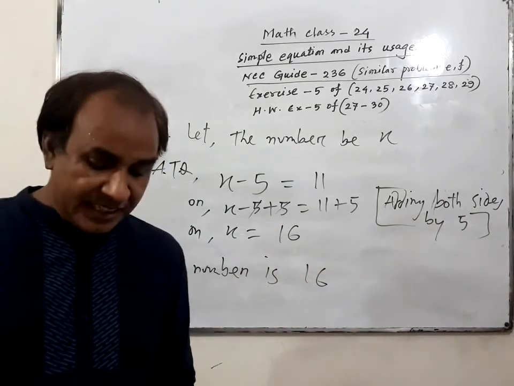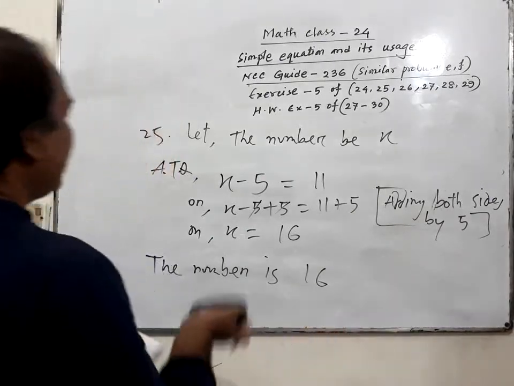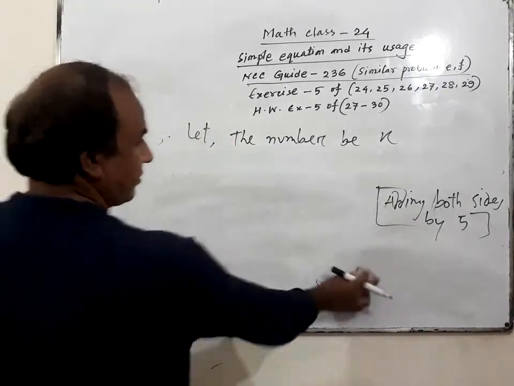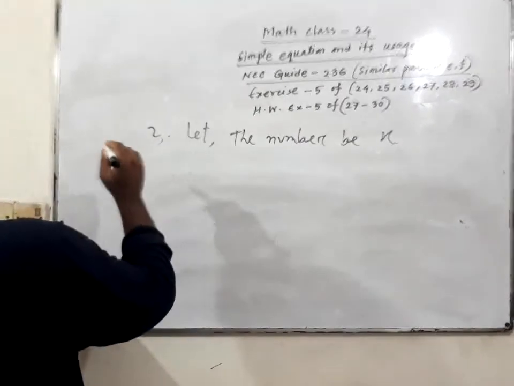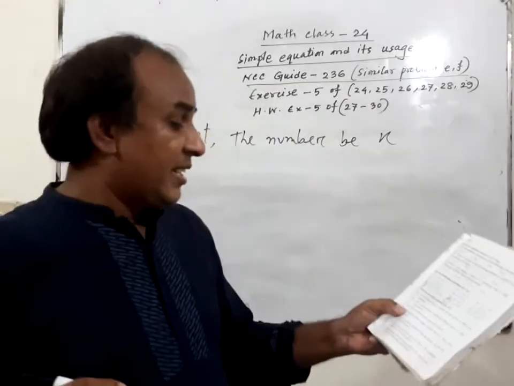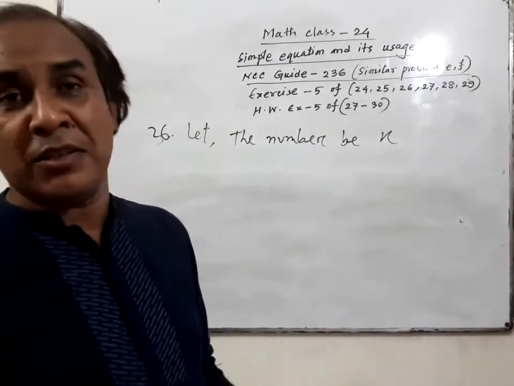Number 26 is very easy for you guys. What is the number whose 7 times will be equal to 21?